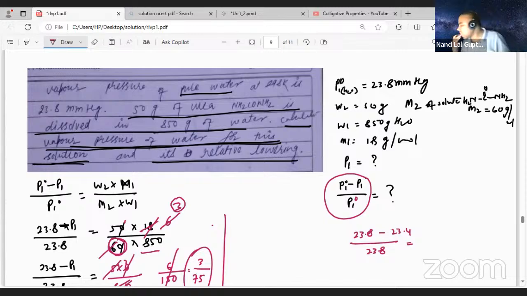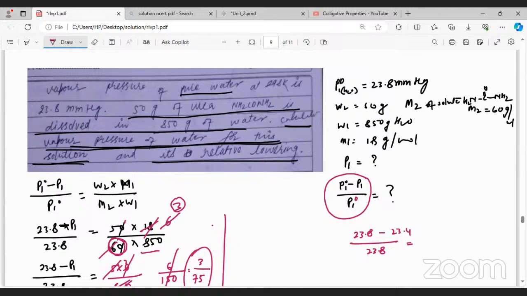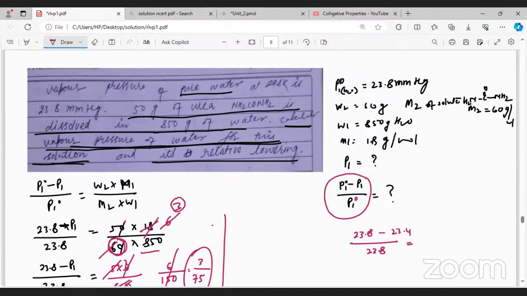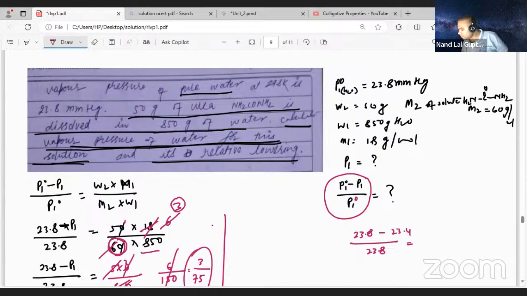I don't know, this is what we are doing now correctly. It's okay, no, sir. This should be the correct answer. What else could it be? I'm just finding whether the answer is there or not.